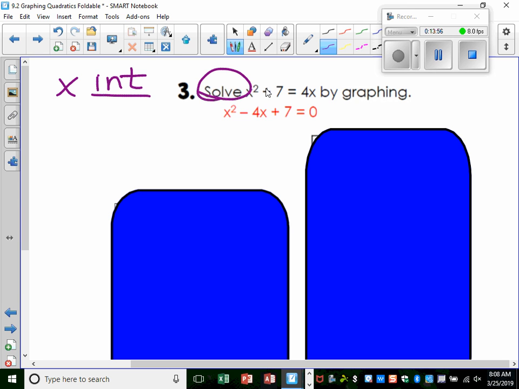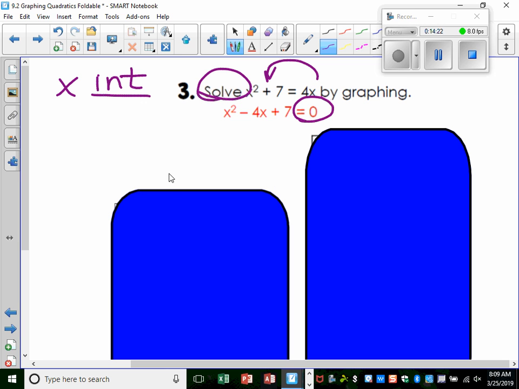This is not in standard form yet, because it says equals 4x, and you have to have it equal to 0. So we just subtract the 4x, because it has to be in the form of a, b, and c. Just move the 4x over by subtracting it. You always use the opposite sign, and now it's set equal to 0.